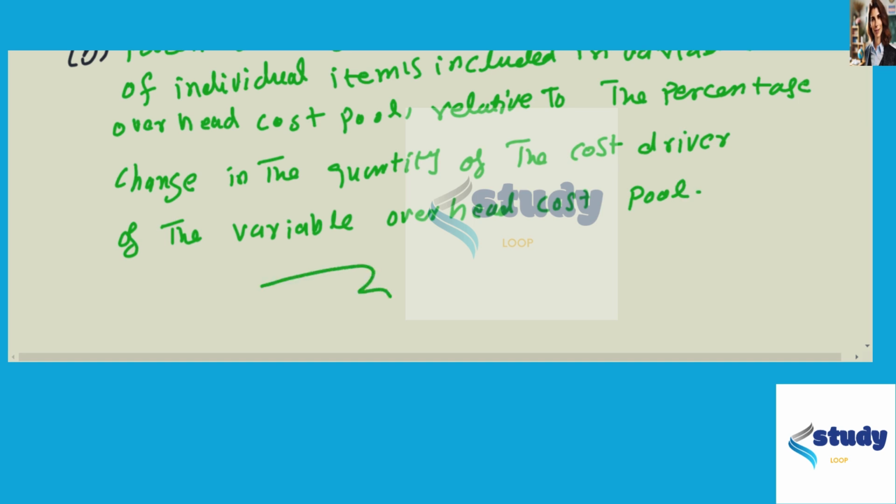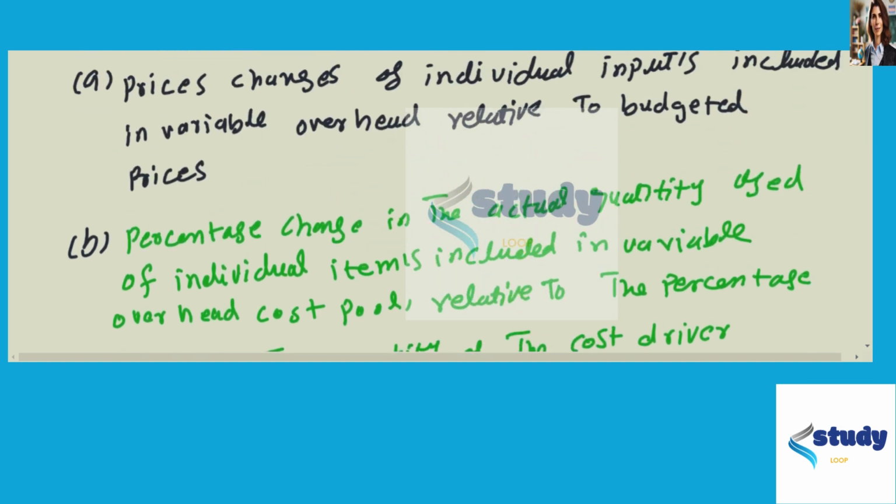So these are the two factors which affect the spending variance per variable manufacturing overhead, right?